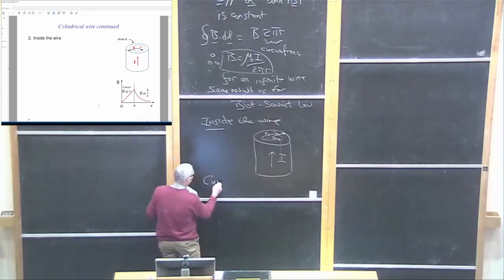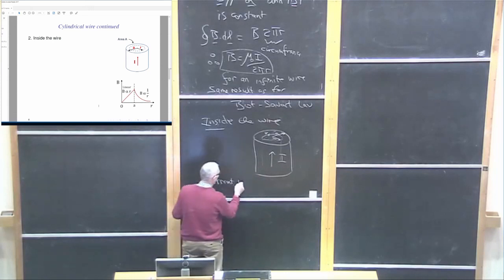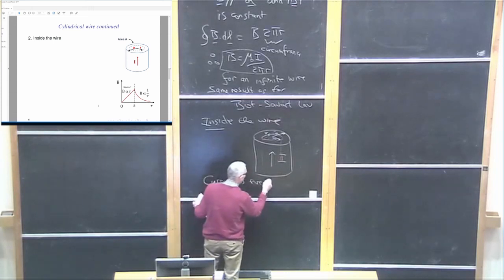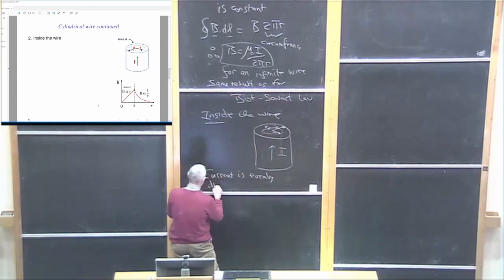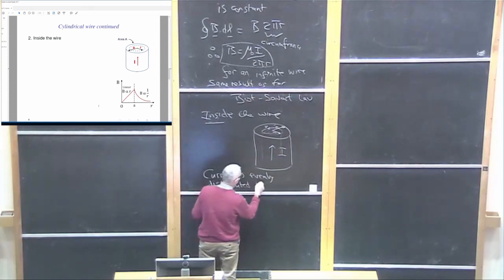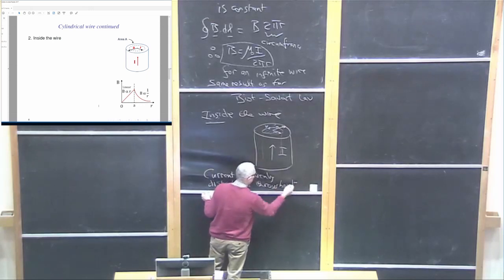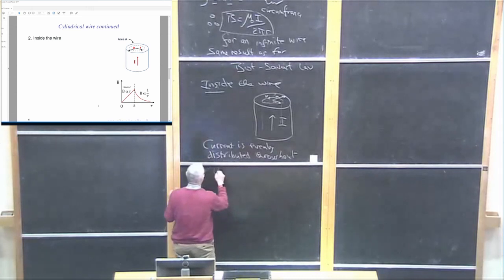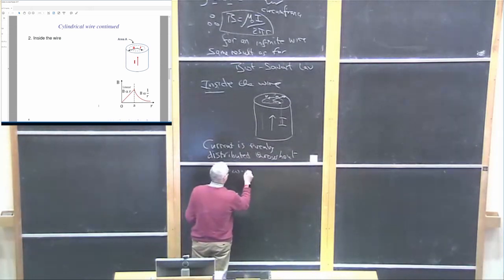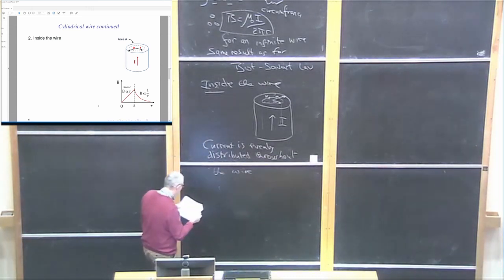So if the current is evenly distributed throughout the wire, then I can write the current density.